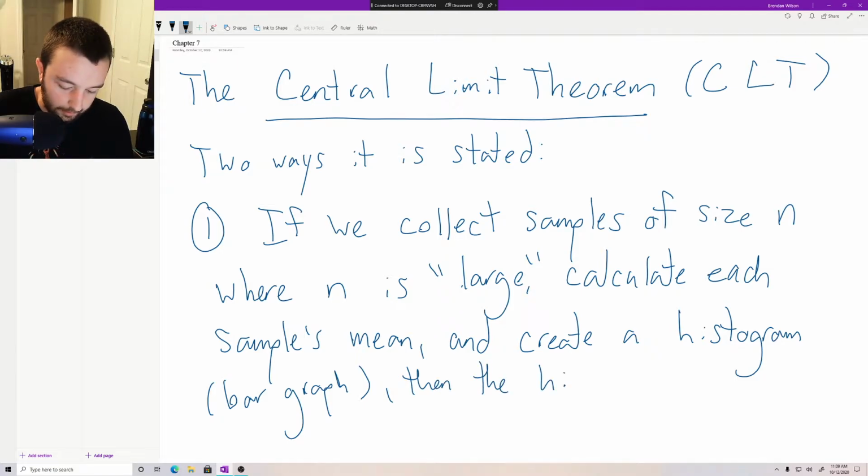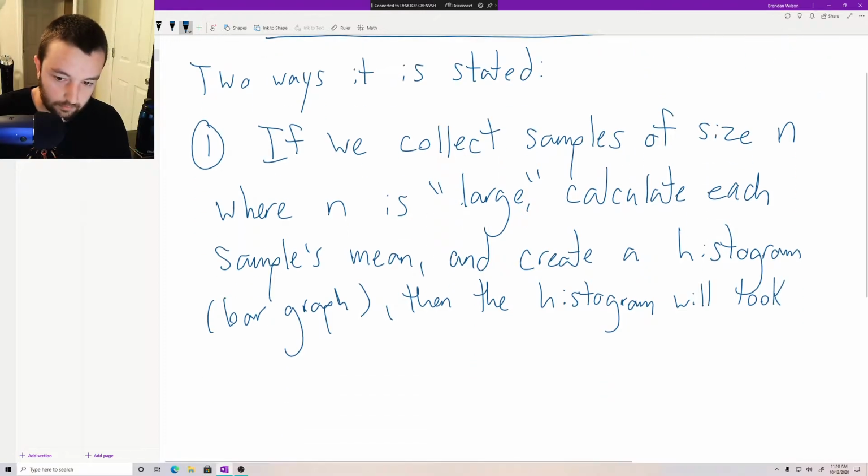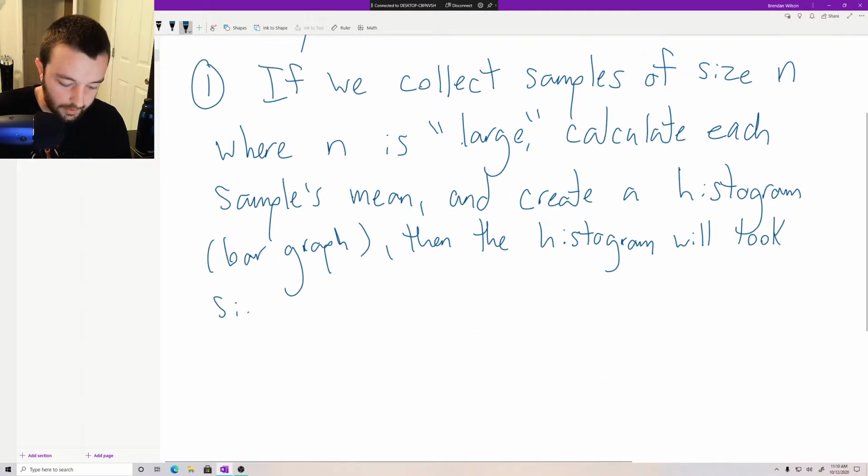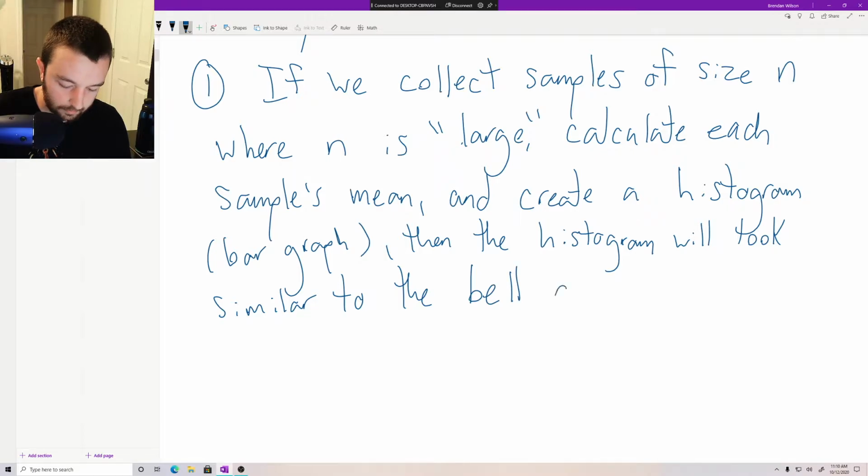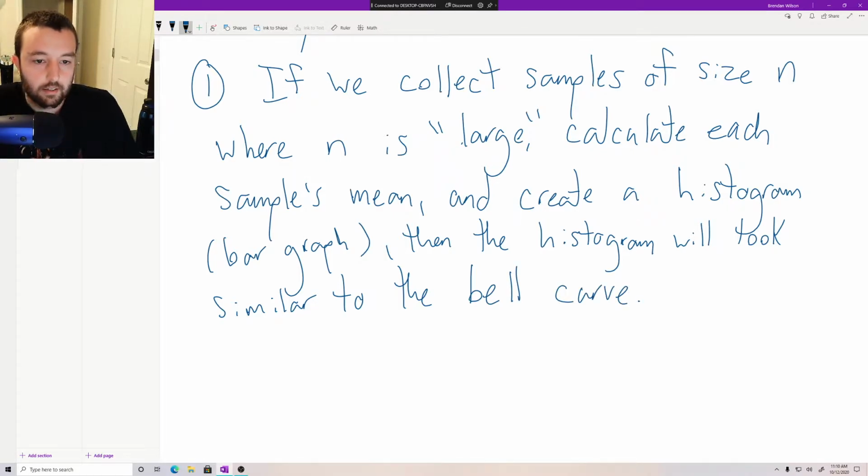Then the histogram will look similar to the bell curve. Okay. So this kind of sounds weird, right? And that's just because we're avoiding calculus so much. But that's what we got to do.